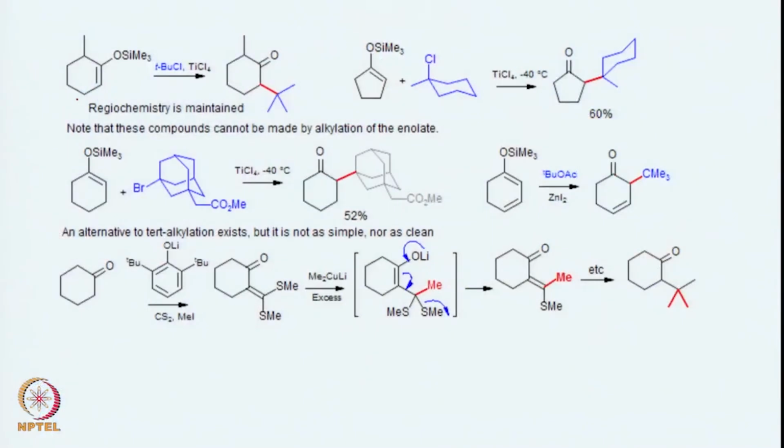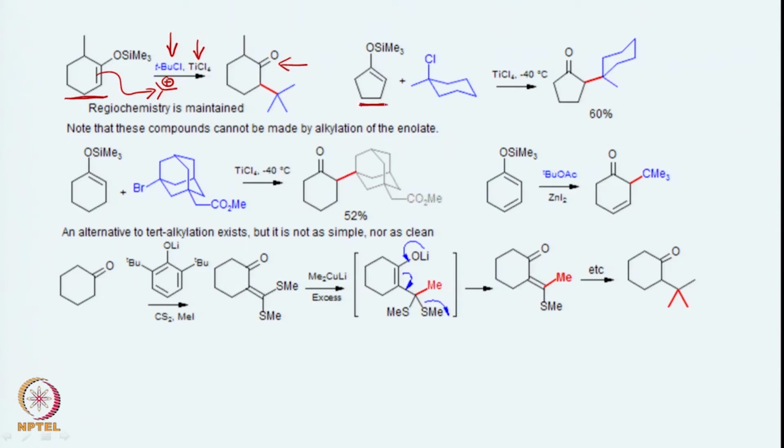For example, we take an enol silyl ether of this type, which we can make by kinetic deprotonation, and react with tertiary butyl chloride in the presence of titanium tetrachloride. As you can see, we generate a tertiary cation, which then reacts with this enol silyl ether to form this ketone. Such a reaction is not possible very easily with enamines, or even enolates.